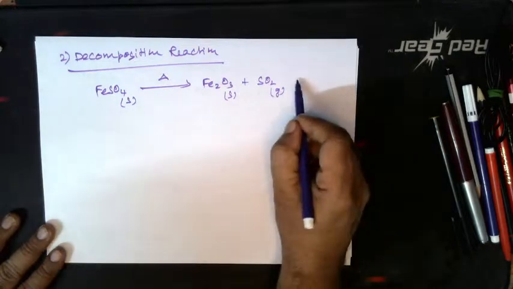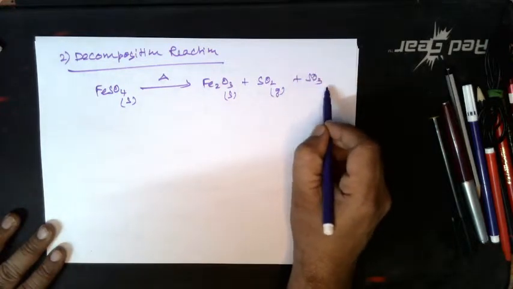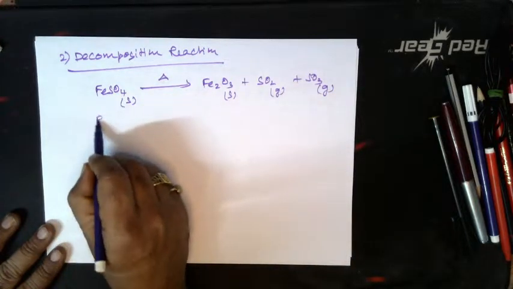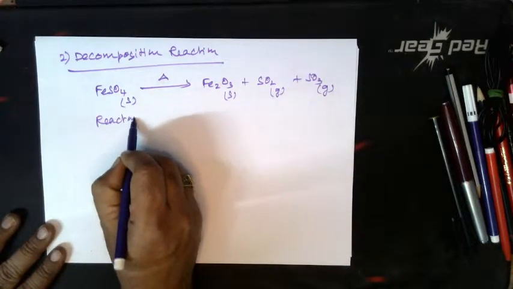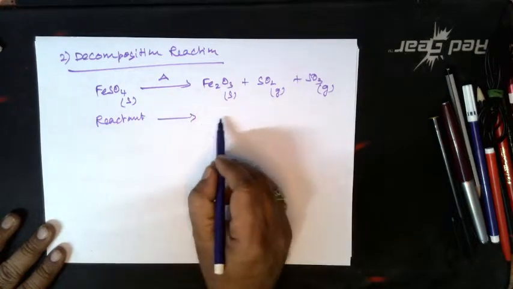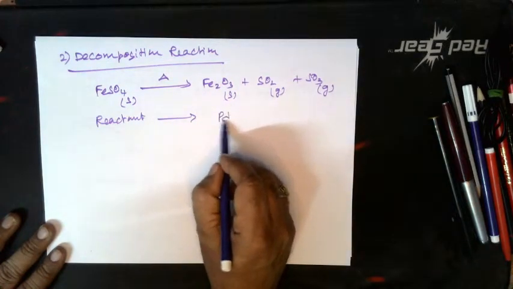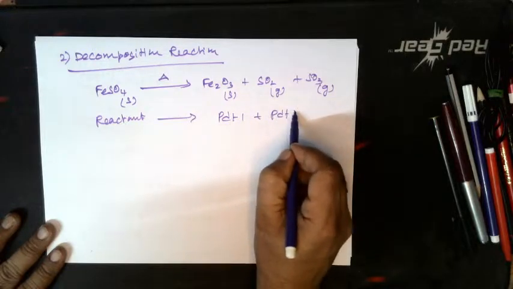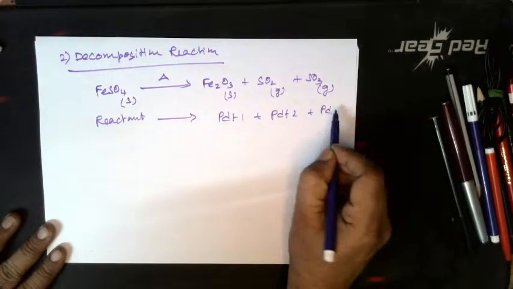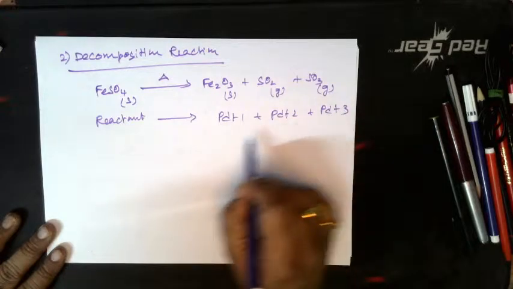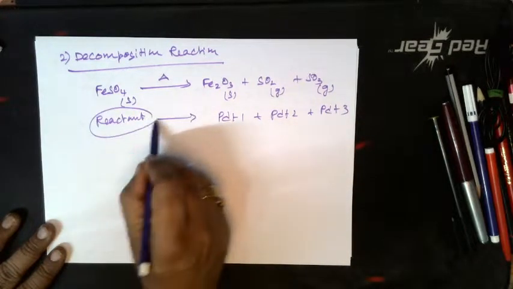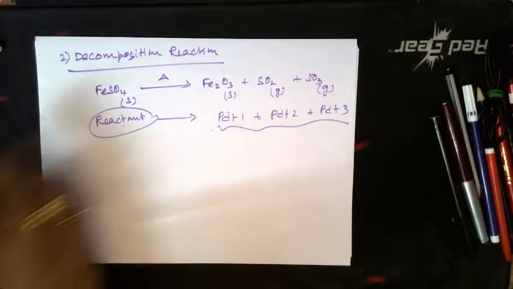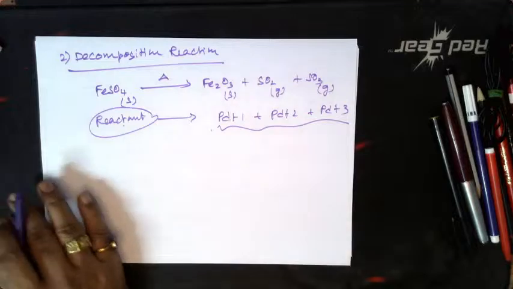Along with that, you are able to get sulfur trioxide gas also. Now, this is a single reactant from where you are able to get product 1, product 2, product 3. So if you are able to get different products from a single reactant, then it is known as decomposition reaction.